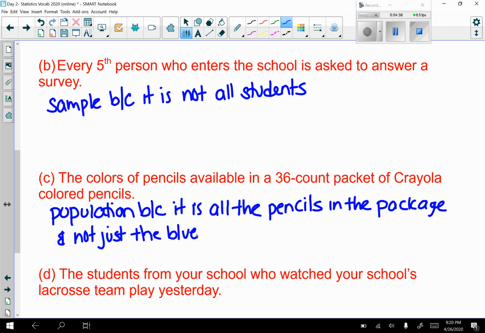Here's another one where you could argue that this is a sample because it is only 36 colors and Crayola offers many more than 36 colors.